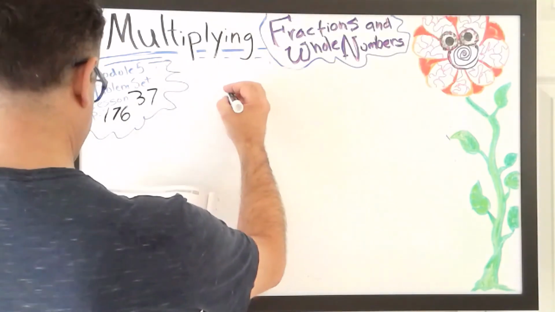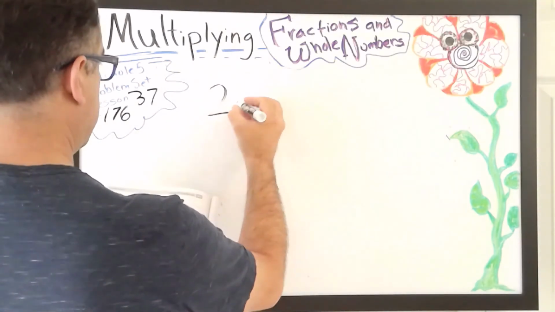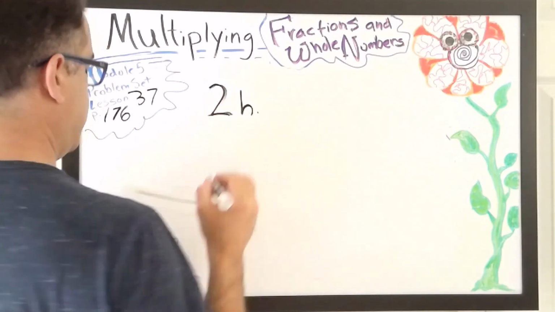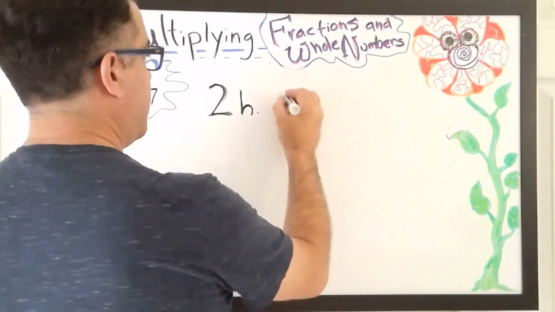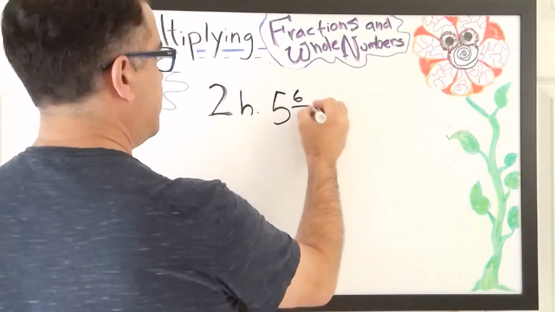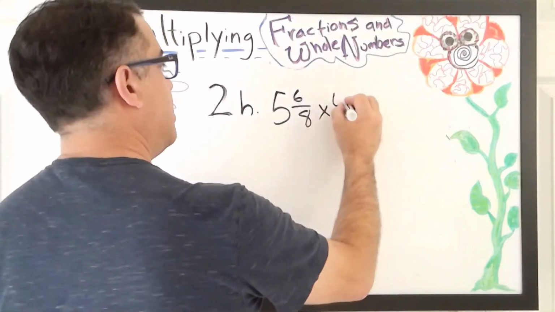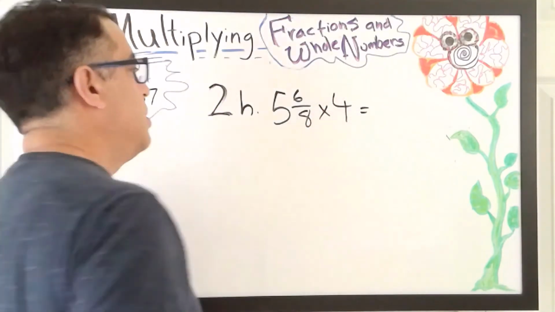I'm looking at 2h now. 2h on page 176. It says 5 and 6/8 times 4. Now the numbers are reversed here, but it's still the same thing.